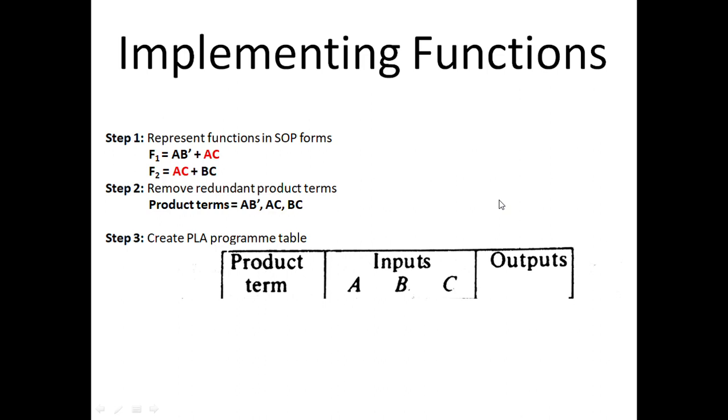We have 3 variable Boolean functions, so we have just 3 inputs, and as the variables have already been assigned, A, B and C are the variables, so we just write them in the inputs column.